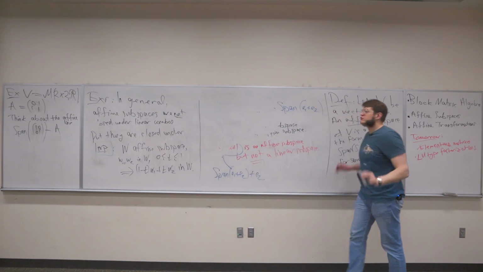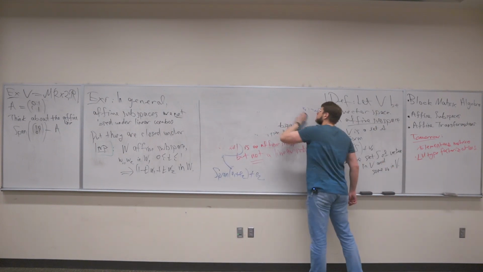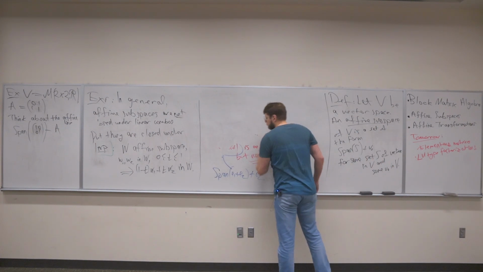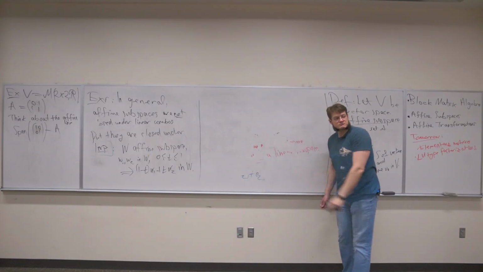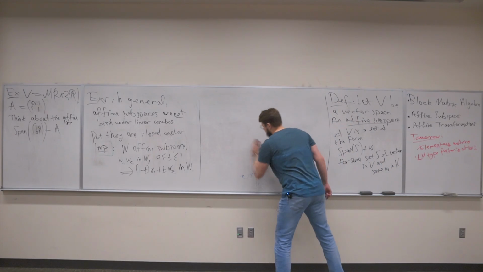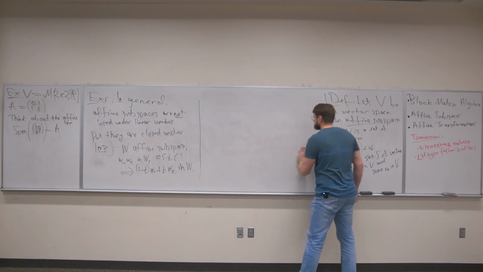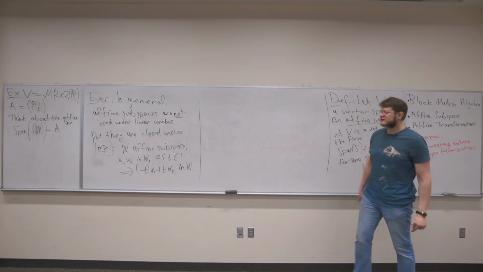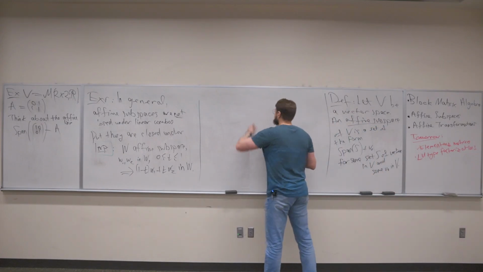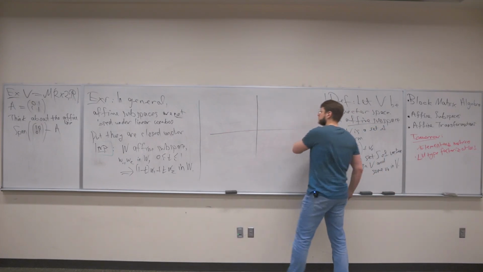So this V is a 4-dimensional space, okay? Because I'm looking at the space of 2 by 2s. I'm still going to pretend that it's 2-dimensional, and I'm going to try to draw a picture. Okay.